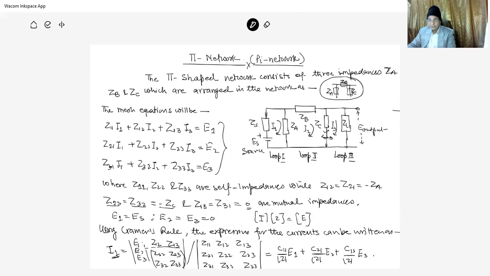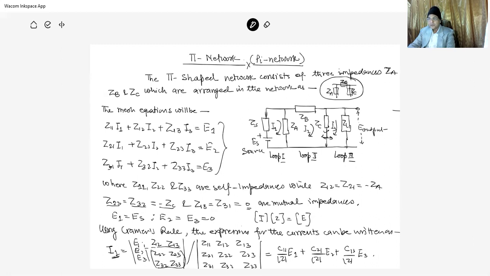Now we have to find the cofactor. Here the cofactor is important. If we want to find the C11 cofactor, we have to eliminate the first column and first row. The remaining elements are Z22, Z23, Z32, and Z33. This is the cofactor C11.